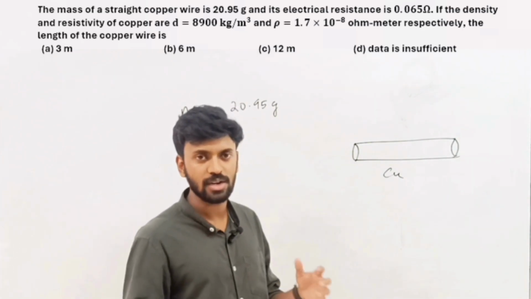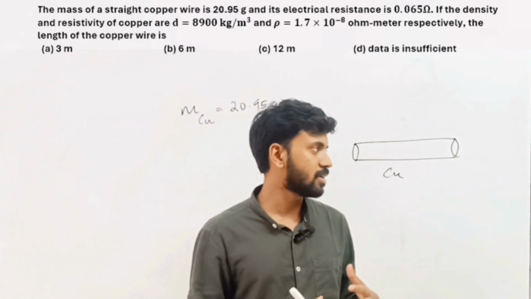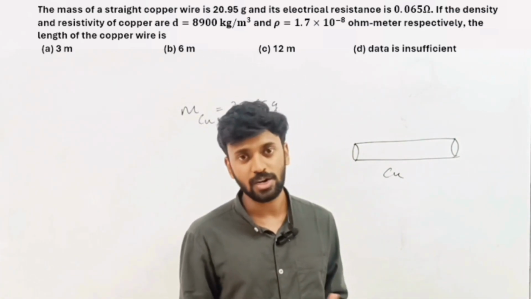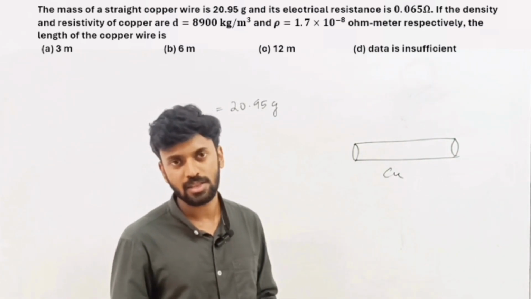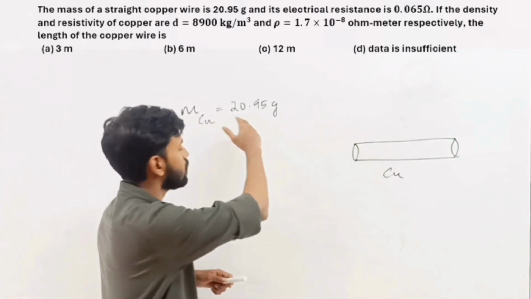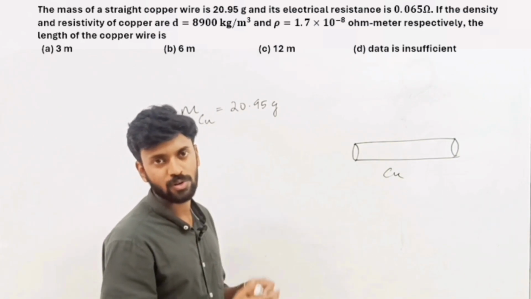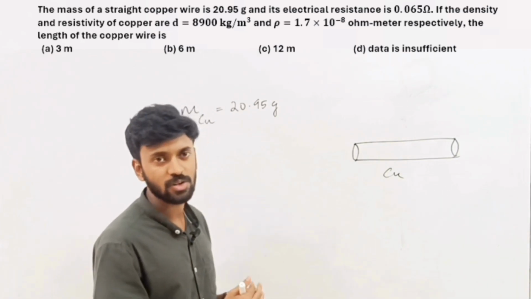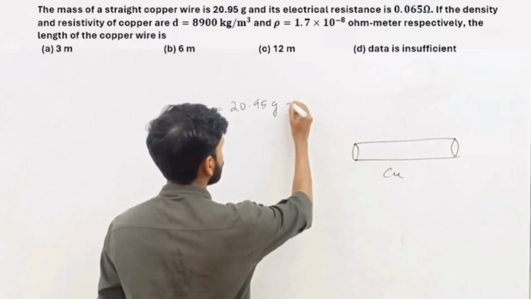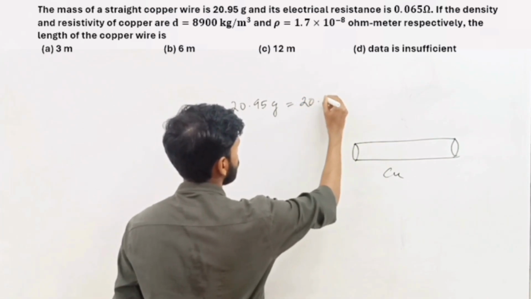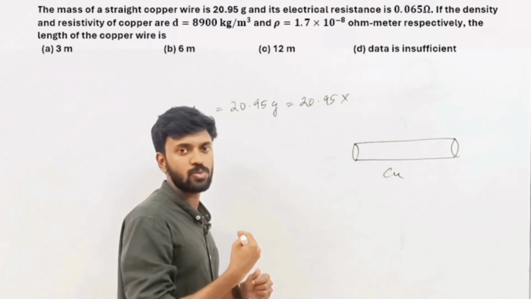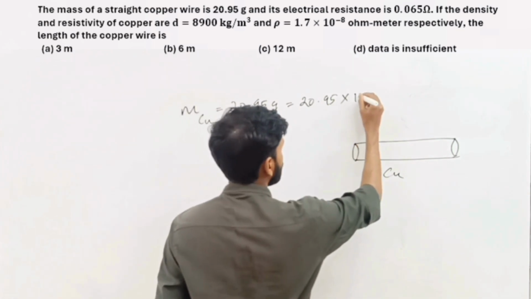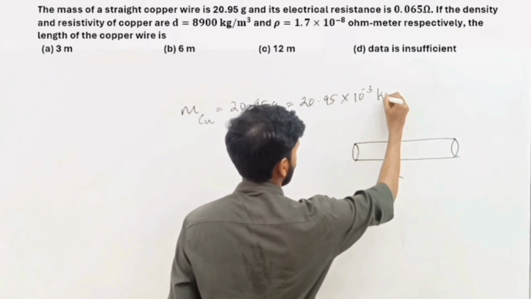Otherwise we will be getting the values in terms of multiples of 100 or 1000, which will not be there in the options as well. So whenever you write down the given part of the question, try to convert it into the SI unit and solve. So 20.95 gram will be equal to 20.95 into 10 raised to minus 3 kilogram, right? If you want to convert gram into kilogram, we have to divide by 1000, or multiply by 10 raised to minus 3.